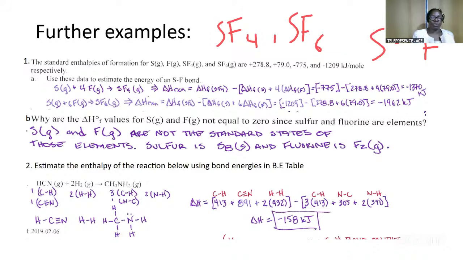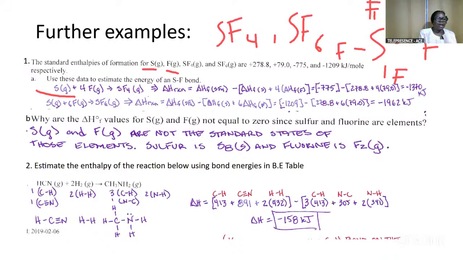That you must know. Then you have been given sulfur and fluorine atoms in their gaseous states. So if you are going to form SF4, then it means you're going to have S having 4 fluorine atoms around it.